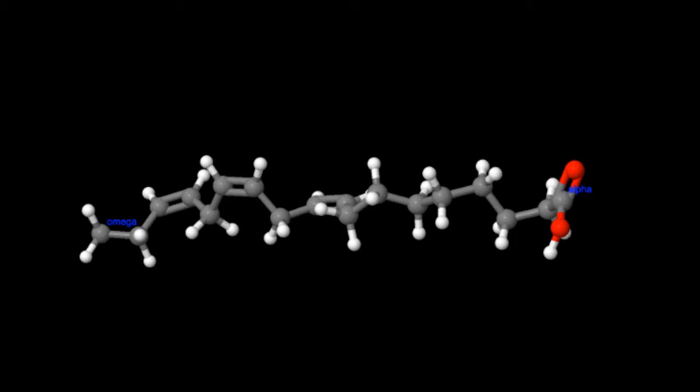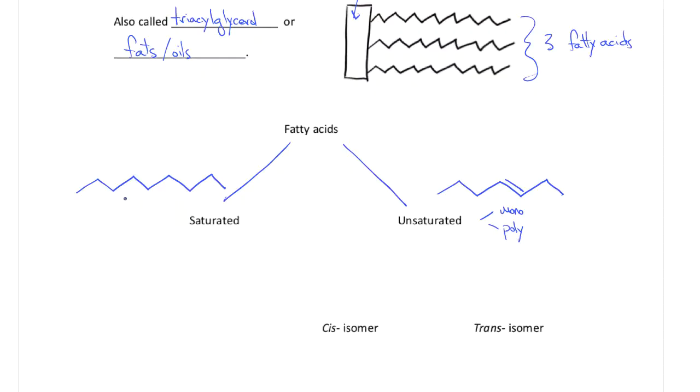Humans can't synthesize omega-3 fatty acids, so they have to take them in their diet. Now, saturated fatty acids, because of their relatively straight structure, can pack quite closely together, and as a result, they're quite dense, and triglycerides with saturated fatty acids tend to be solid at room temperature. So think of animal fats, which are high in saturated fats, they're solid at room temperature.